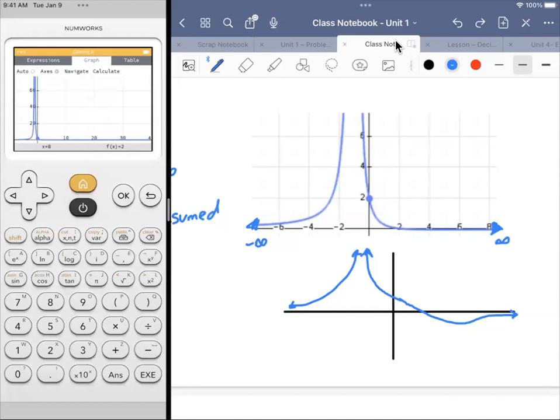You see how on the vertical axis it's going up to like 60 now. I don't want that. So I can change my vertical axis, turn it off auto, so that it goes from -1 to 1. I want it to be really close around the x-axis. So it's going to go out far in the x, but stay really close in the y.